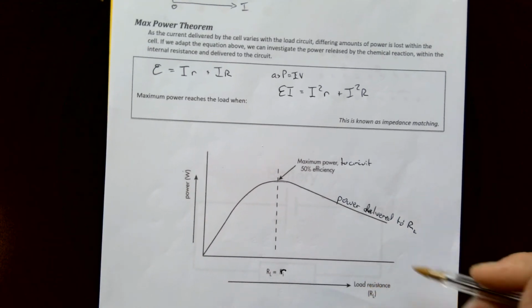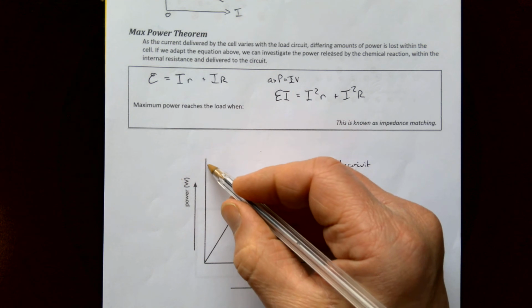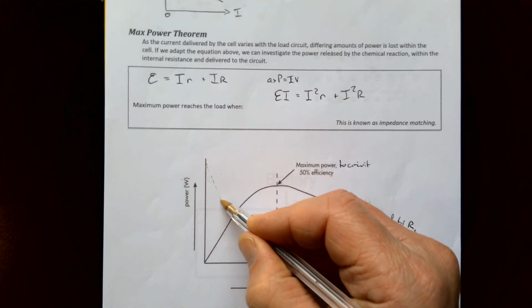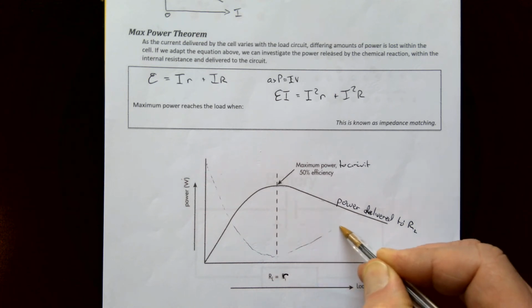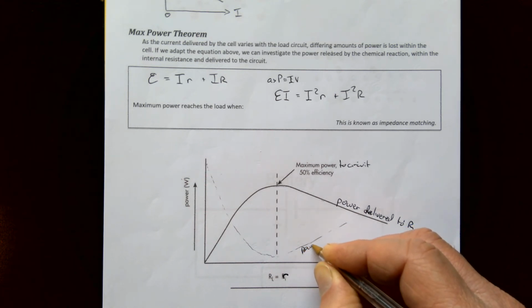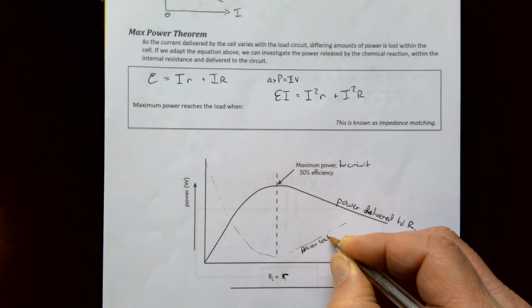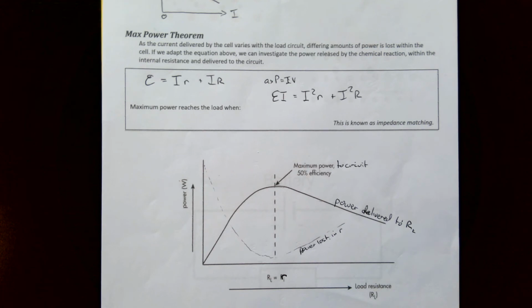In terms of the amount lost, again you can do the reverse of that. It will be a minimum, it won't be zero, but it will be a minimum there. So power loss or lost in little r.